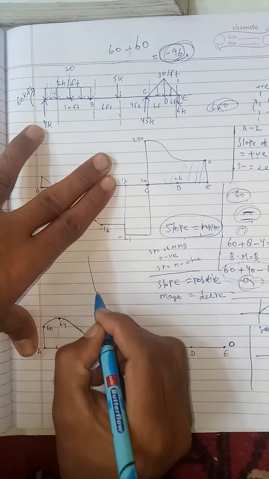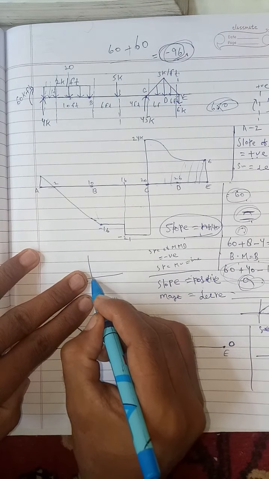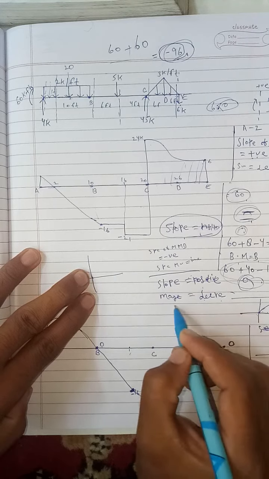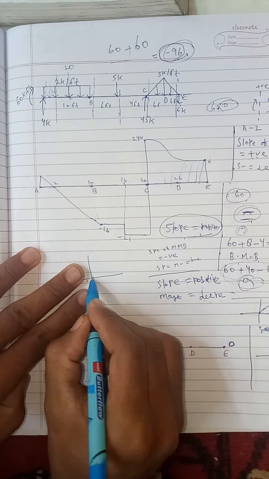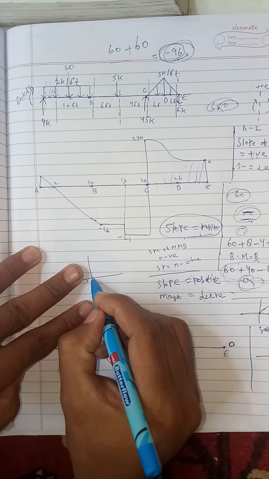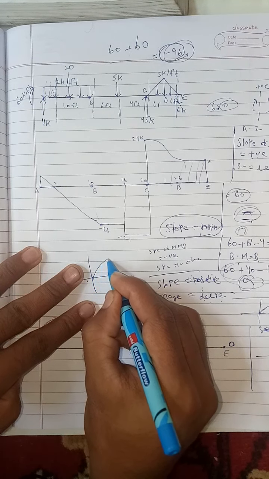So how can we make this? The slope is positive here. This will lie in the first quadrant, but the magnitude of slope is decreasing. It means the slope of the bending moment diagram is decreasing. So how can we draw this? We can draw like that.